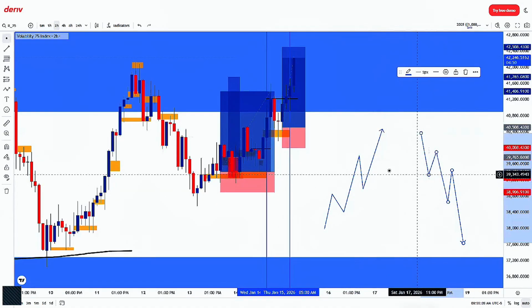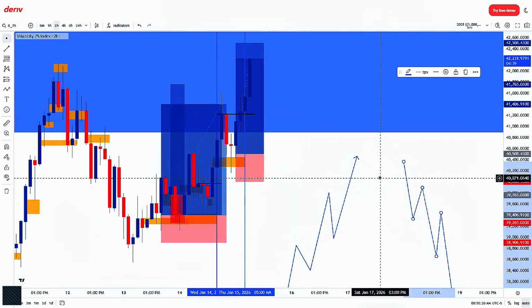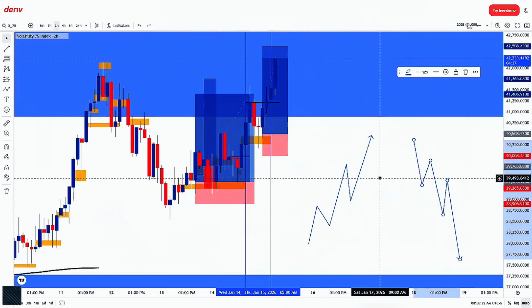This is what the market does, because the market can only either buy or sell. It can't do anything else. It can either go up for a buy or down for a sell. Then we just have to position ourselves by understanding the market so we can take opportunities when it is buying or when it is selling.